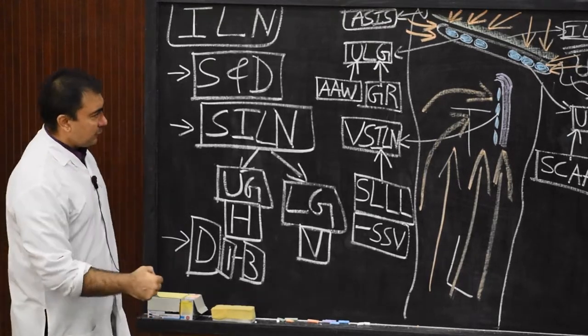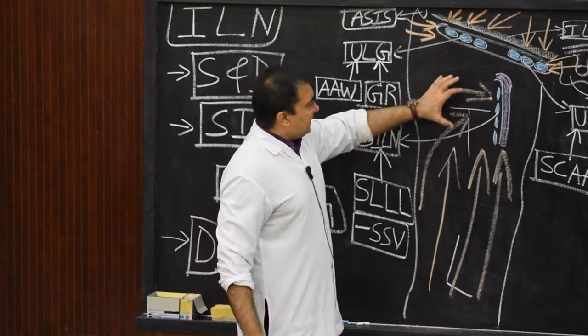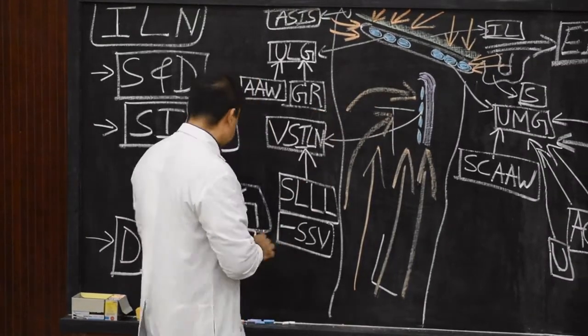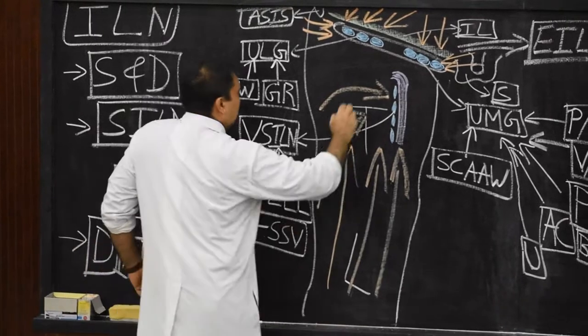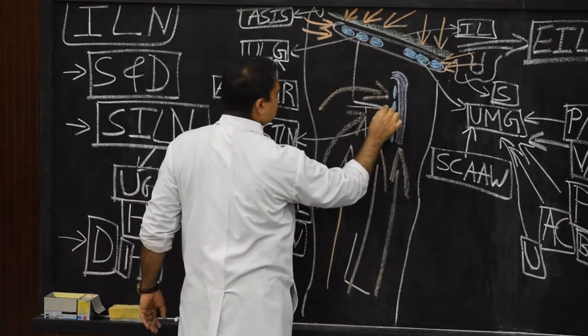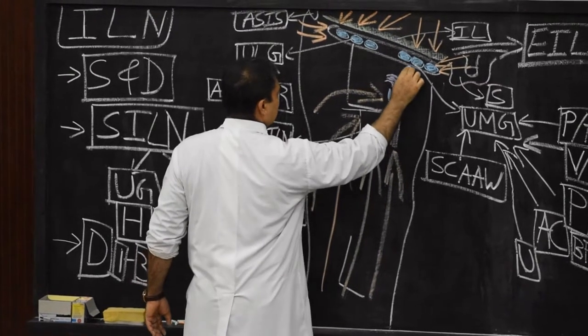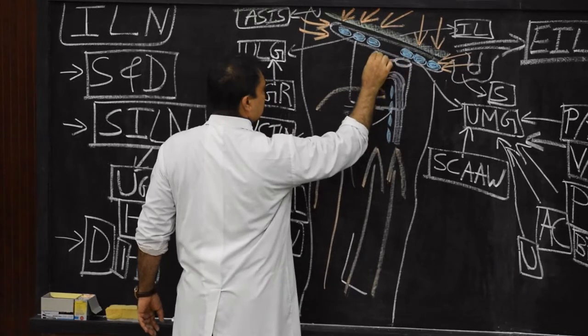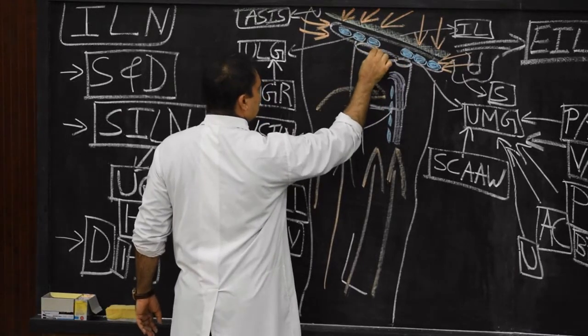So now, in the same diagram, I would like to show here the femoral sheath. This is how I will show. Then I will show the 3 compartments.